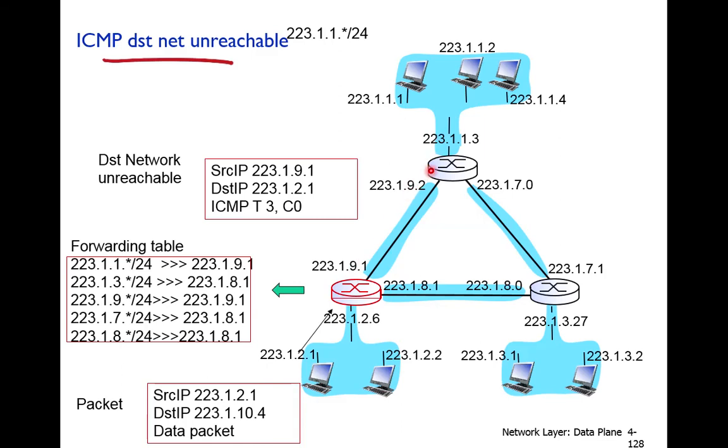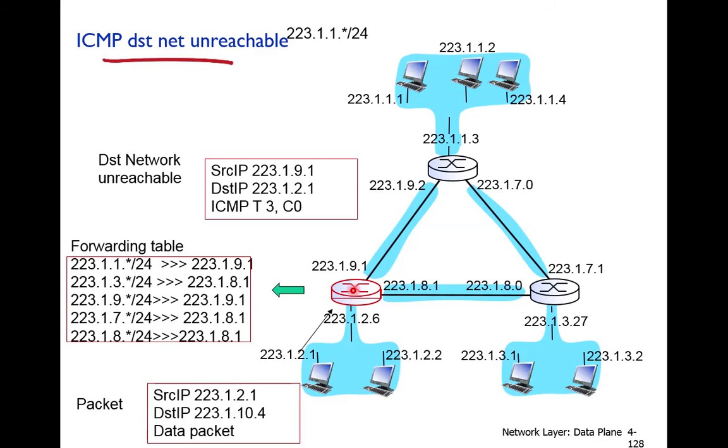Before reaching the destination network, it reached a router that doesn't know where the network for this destination IP address is. The forwarding table of that router doesn't have an entry for the network of the destination IP address.